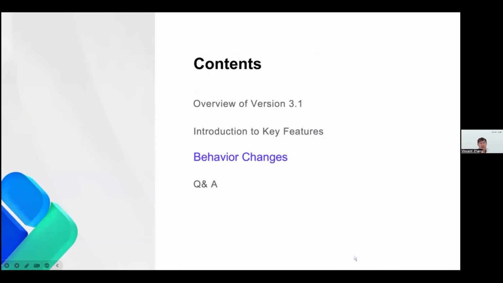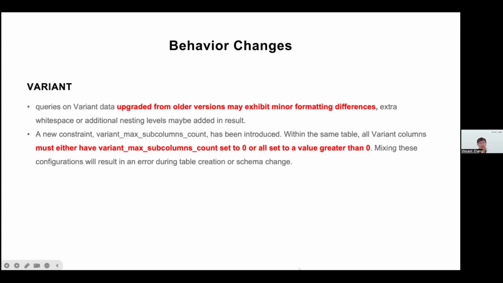Finally, let's review the behavior changes introduced in version 3.1. In version 3.1, there are two main behavior changes. The first is related to the variant type. Queries on variant type upgraded from older versions may exhibit minor formatting differences. Extra white space or additional nesting levels may be added in the result.